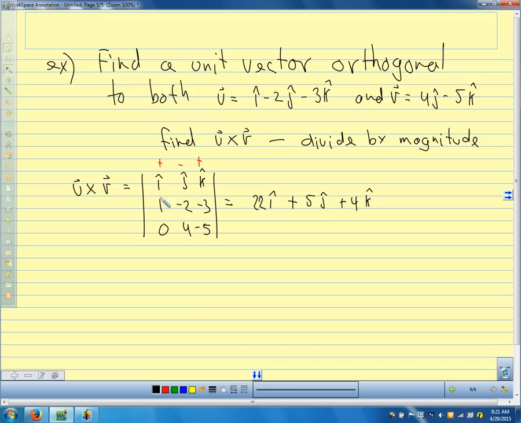All right, so we want to divide this vector by the magnitude. So the magnitude of u cross v. You guys calculate that magnitude and tell me what that is. I will divide the vector by the magnitude. I'll get us started. Square root.